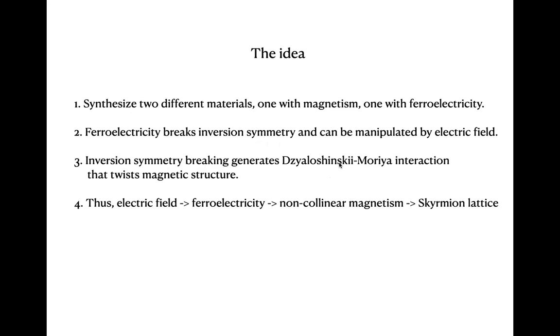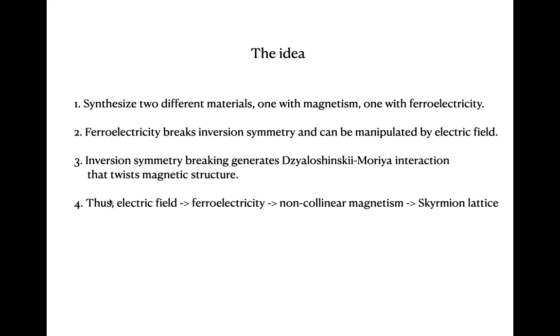The DM interaction would necessarily twist the magnetic structure or favor some kind of non-collinear configuration, and under certain conditions this will generate magnetic skyrmions.